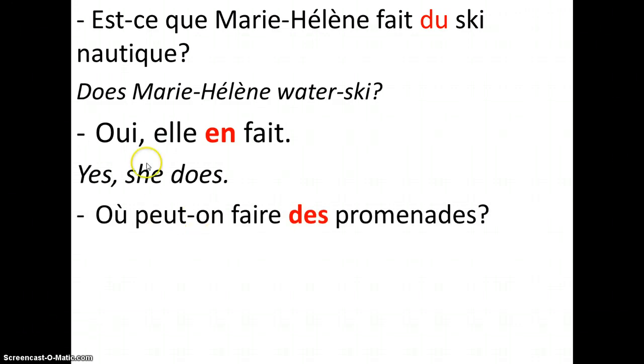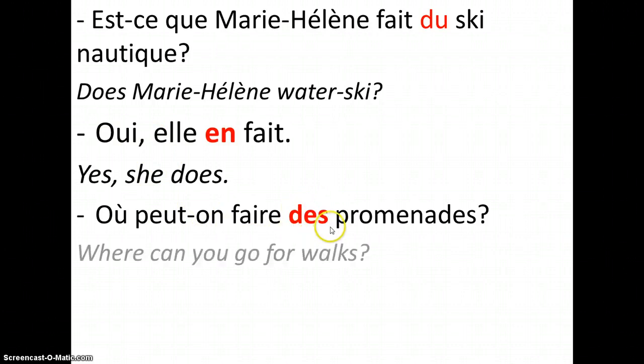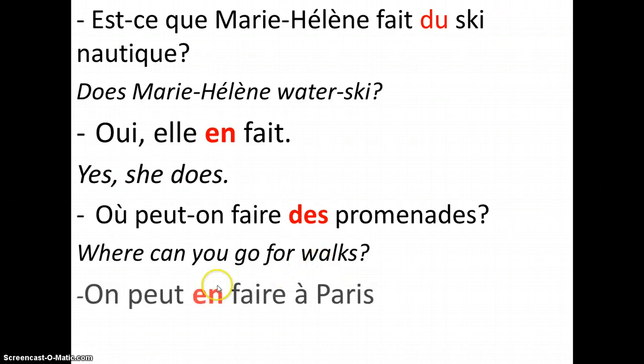Another question. Où peut-on faire des promenades? So where can we go for walks? And the answer will be, for example, on peut en faire à Paris. So des promenades here is replaced by en.